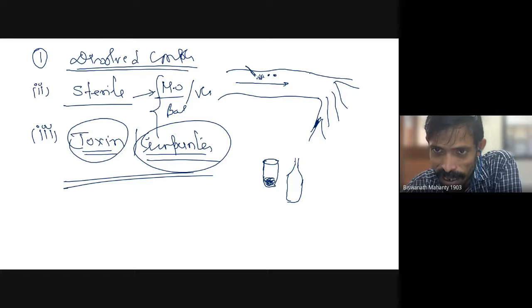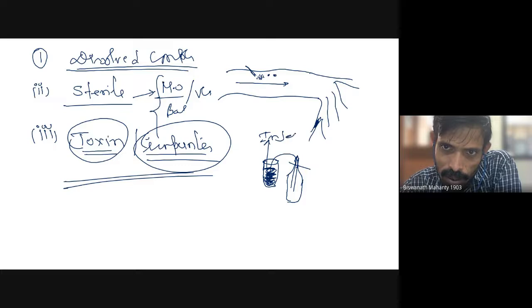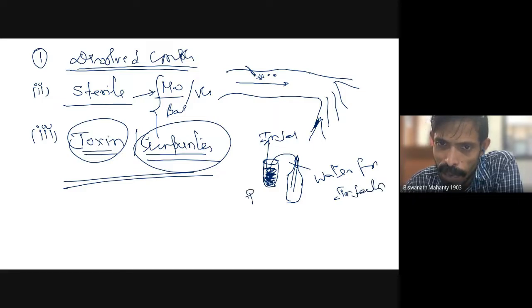This water comes in sealed vials. You normally break it open, take the water and mix it in using the syringe. Then you reconstitute the solution, take it out and inject. So this kind of water is called water for injections. And this is the powder preparation for injection. Both should be sterile. This is one way.